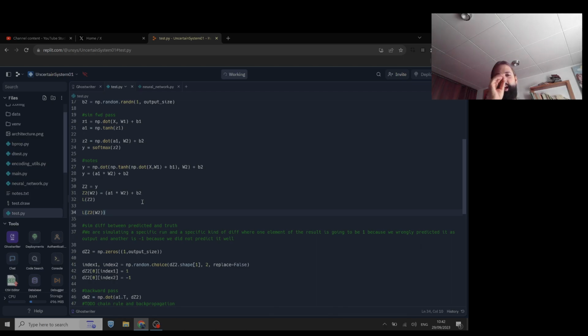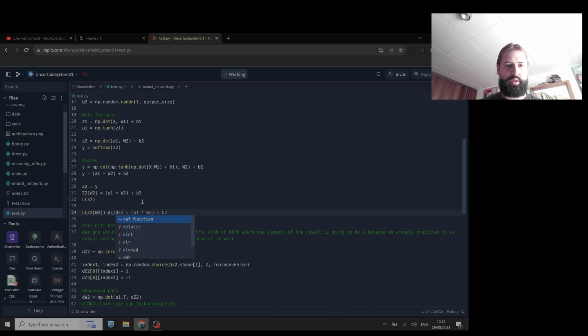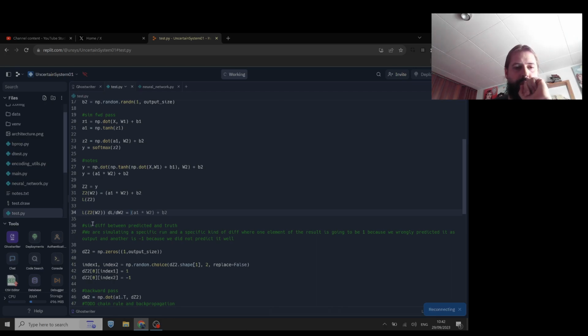I kind of abstract away from the specifics of what the loss function is, because essentially, if you want to calculate the derivative of the loss with respect to W2, what the chain rule says is that you should calculate the derivative of the loss with respect to Z2, which we have, and then times the derivative of Z2.